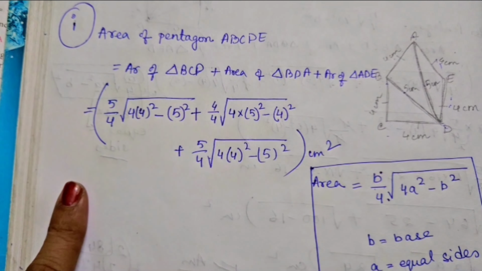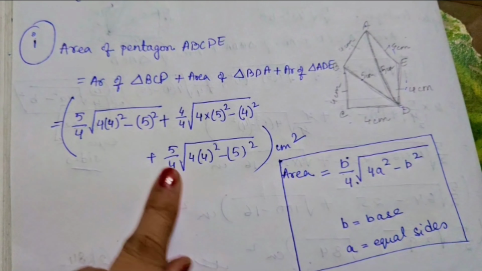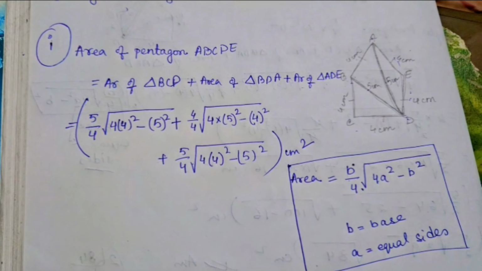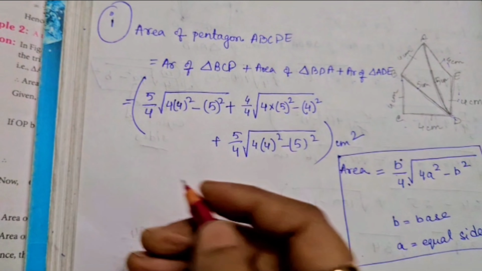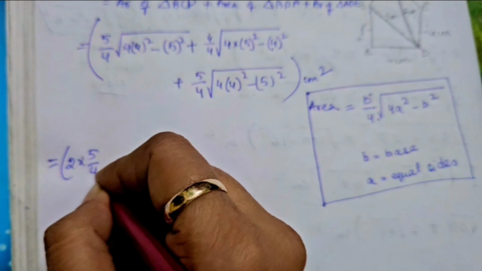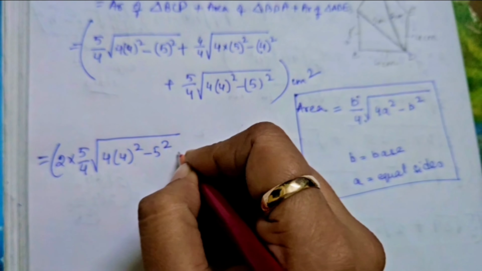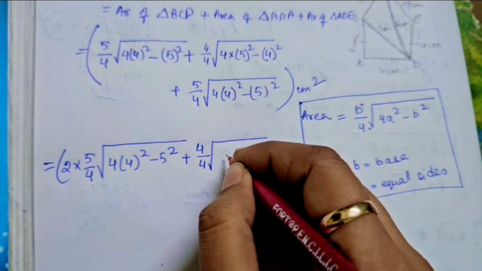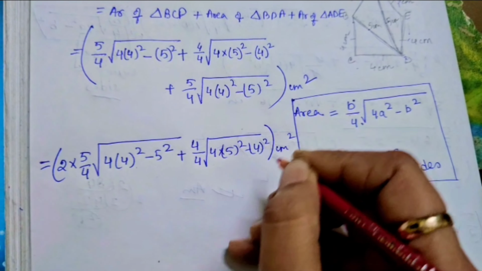Clear? Now if you look over here, this area and this area are the same. Area of triangle BCD and area of triangle ADE are the same. So in the next step, we will multiply 2 with one of the areas, so we don't have to count it again. We write 2 into 5 by 4 root of 4 into 4 square minus 5 square, plus 4 by 4 root of 4 into 5 square minus 4 square centimeter square.